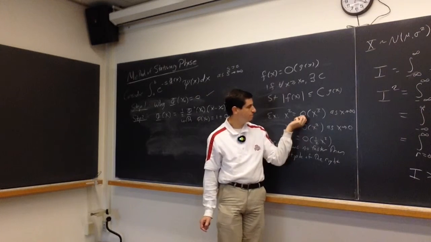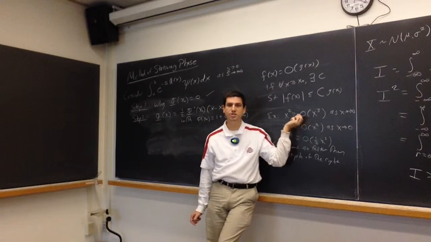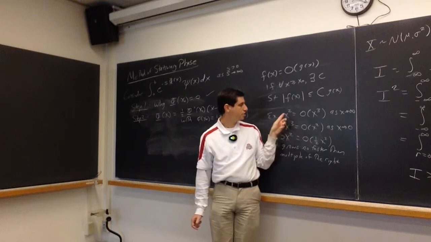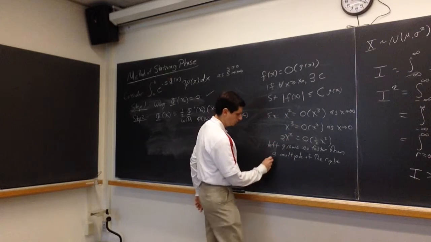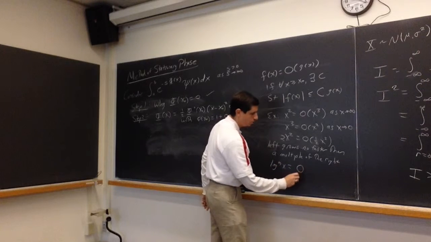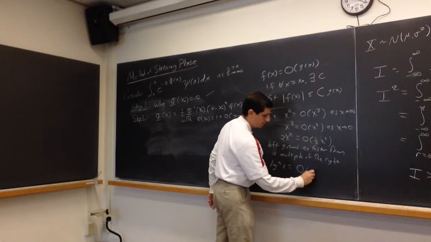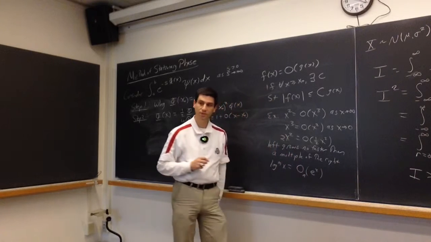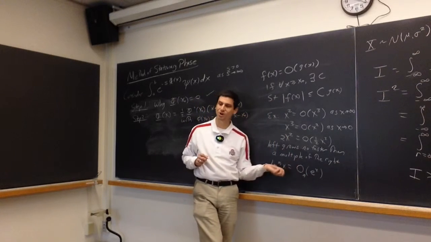Sometimes when you have big O constants, you might put subscripts to say what's in play. So maybe I'm comparing log to the m of x is big O of e to the x, and I might put a subscript m to indicate that the constant depends on m.